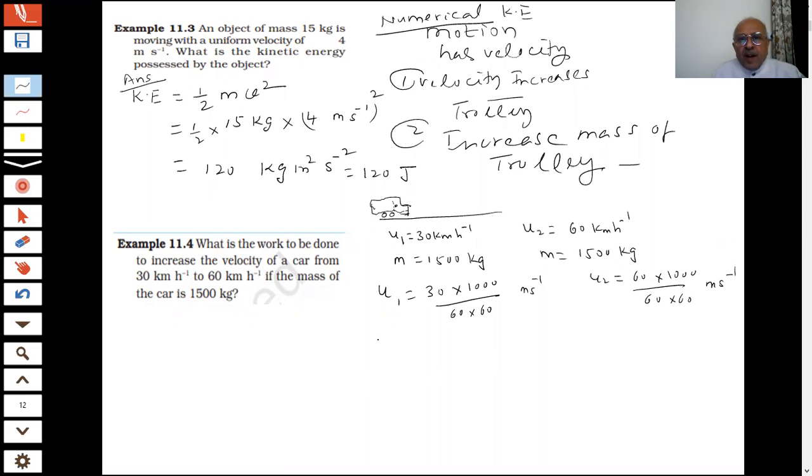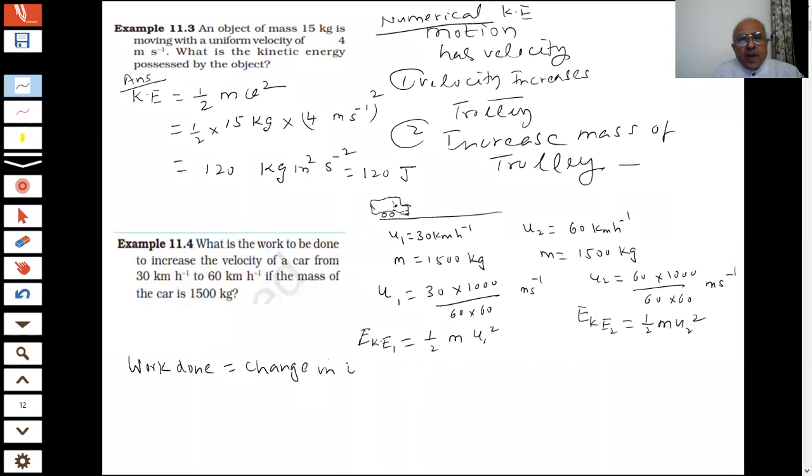And find the kinetic energy 1, half m u1 squared. Find the kinetic energy 2, half m u2 squared. And the work done will be equal to the change in kinetic energy, students.